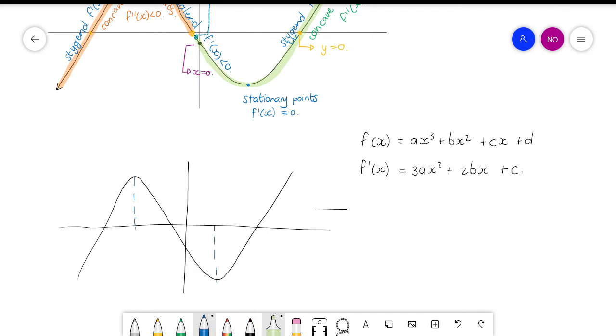Those two x values will coincide with the x-intercepts of the parabola. Why? Because the parabola is the first derivative of the cubic function. And where I set a parabola equal to 0, I get the x-intercepts. So graphically, that is what you are doing.